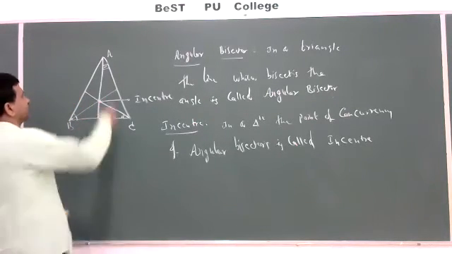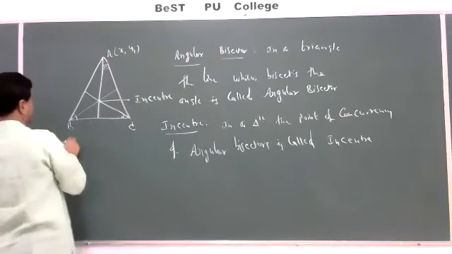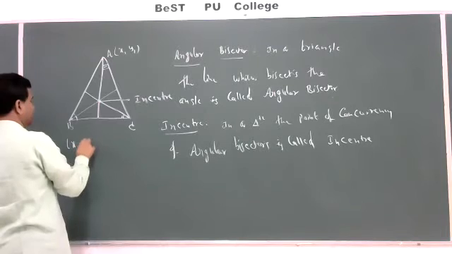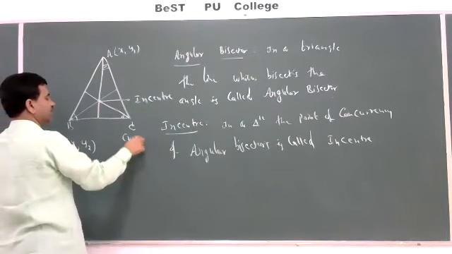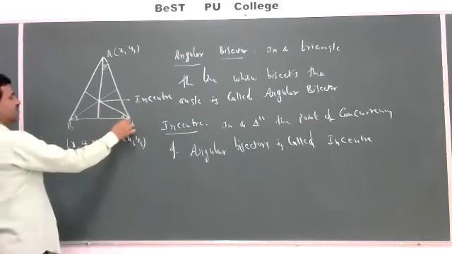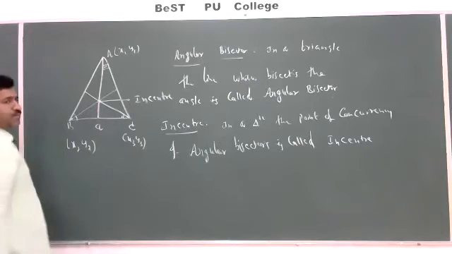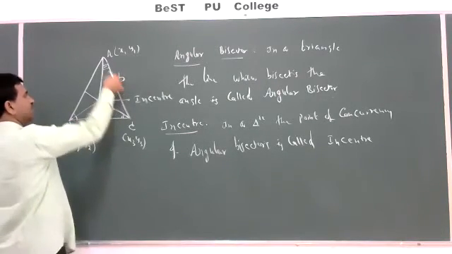Just listen to me. Let the three vertices of the triangle A (x1, y1), B (x2, y2), and C (x3, y3). And opposite to angle A, let the length of the side BC be small a. Let the length of the side opposite to angle B be small b, that is AC.